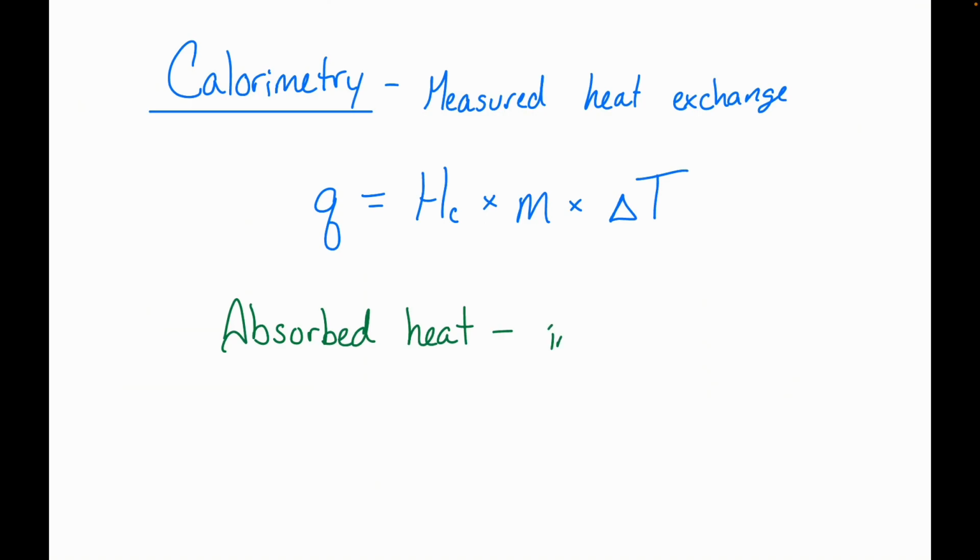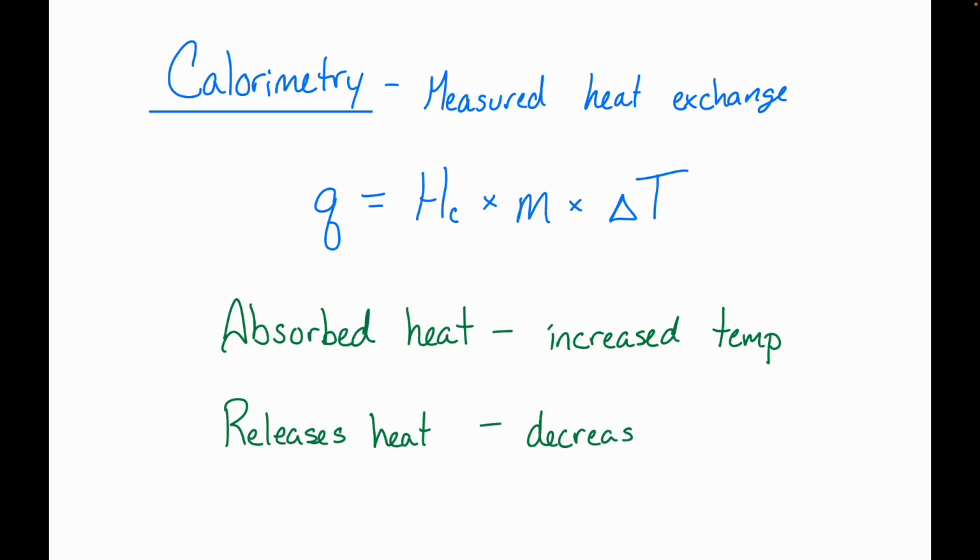So if something absorbed heat, it increased in temperature. And we talked about how cold isn't really a thing, but when something gets cold, it's because it loses heat or releases heat. That would lead to a decrease in temperature.